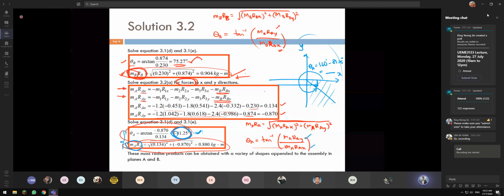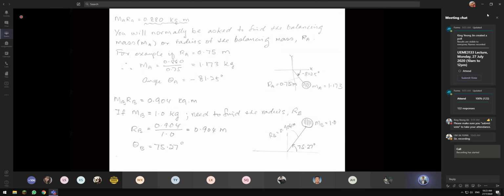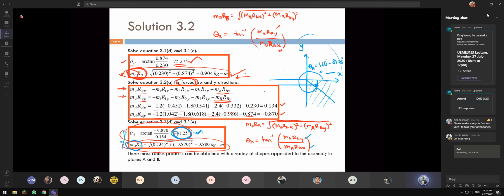I think this is an additional slide. This example is given when the RA is given. As I mentioned, normally we will just stop here with the mass radius products.